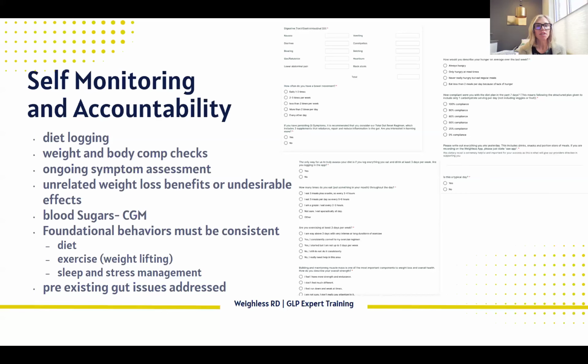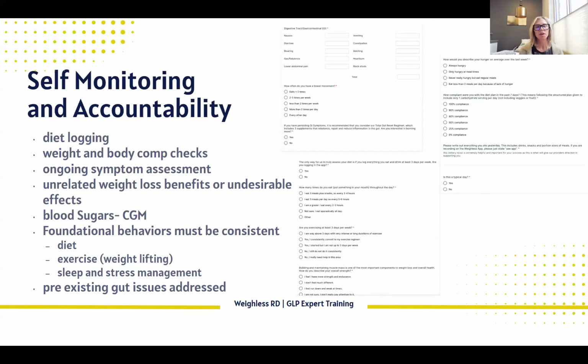Really focusing on the foundational behaviors is crucial too, because one thing that we noticed was patients were coming in and losing weight, then they would kind of stabilize, and for periods of time they got stuck in the cycle of weight gain, weight loss, that type of thing.